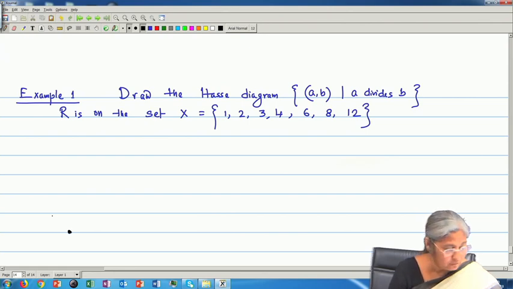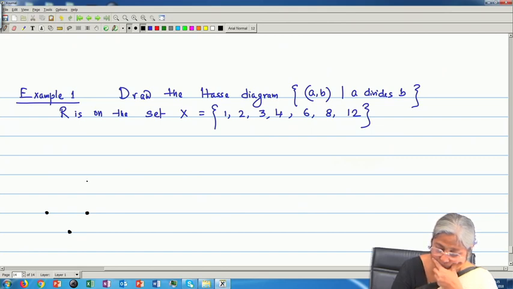I have 1, 2, 3, and so I give it in this way, 6. Okay. I draw, this is 1.